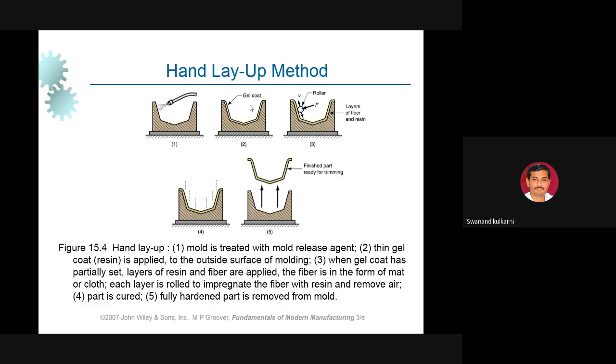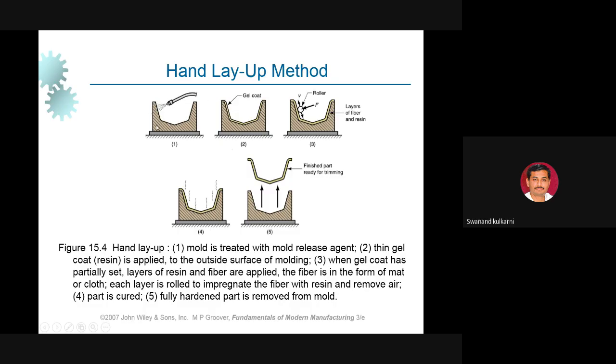What is here? This is particularly the mold. Here you can see, I'm showing with the help of the cursor. Here in figure 1, what is given here? The mold is given. We are interested to manufacture a composite material of this particular shape.